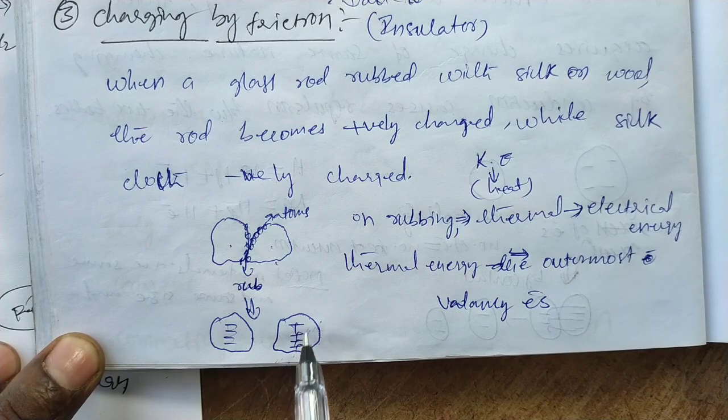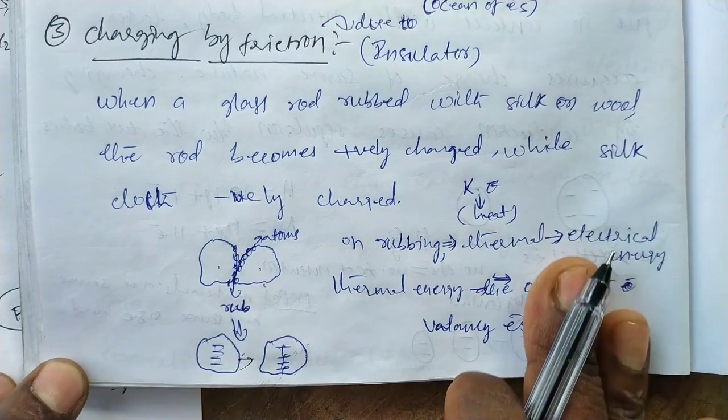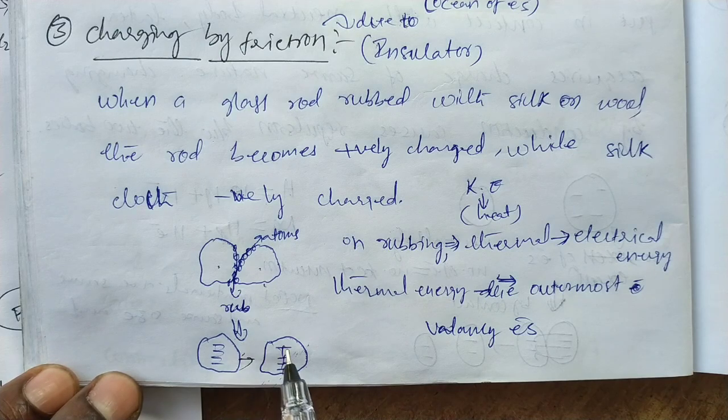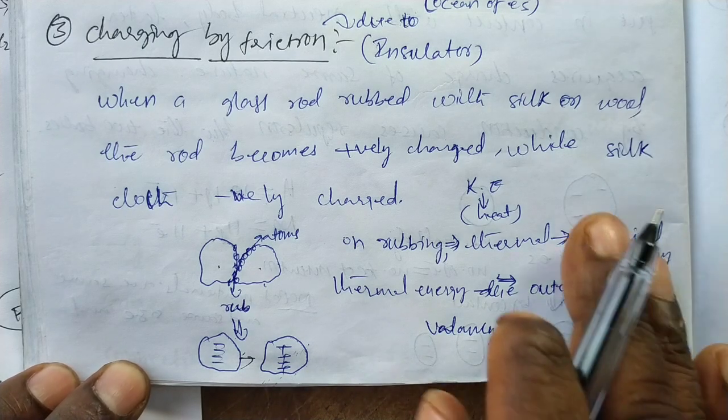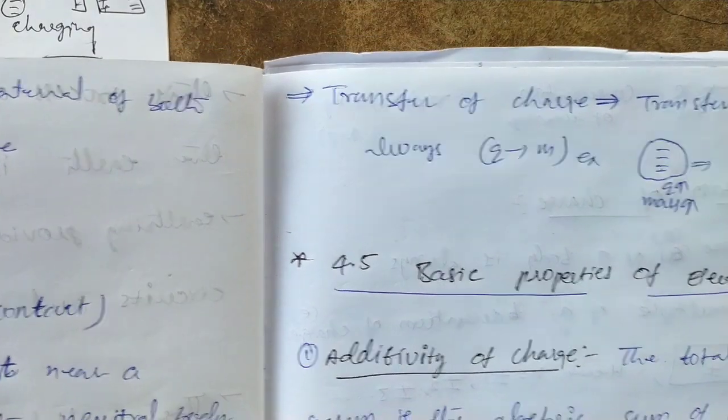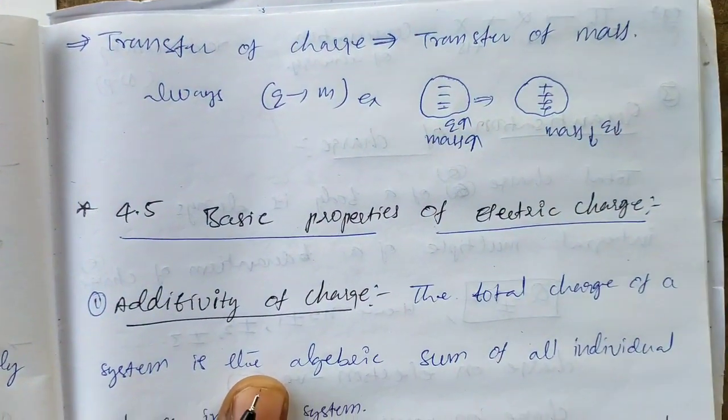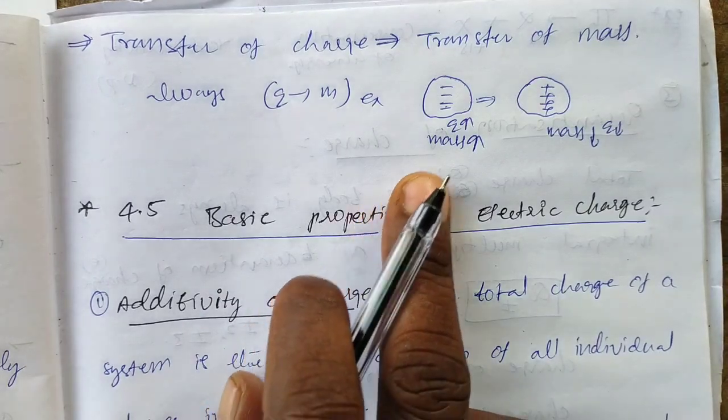The glass rod has positive charge carriers and the other gains negative charge carriers, so they attract. The glass rod is attracted to the silk, which is negatively charged while the glass rod is positively charged. But two glass rods repel, since both have positive charge carriers.